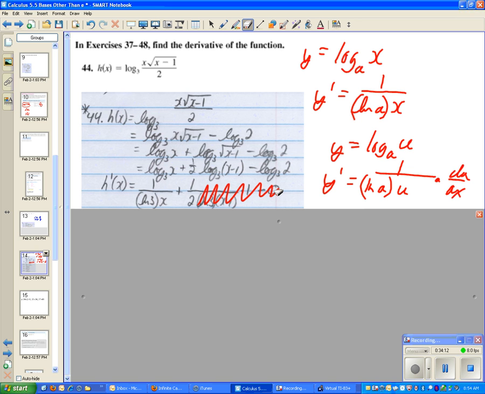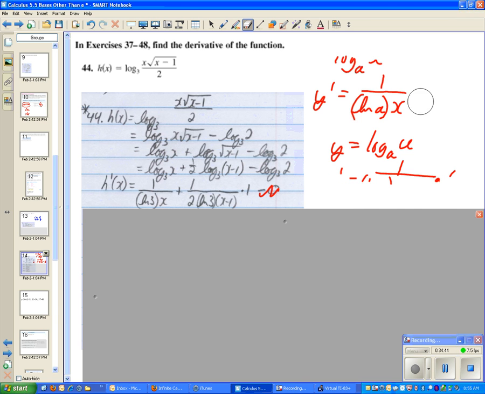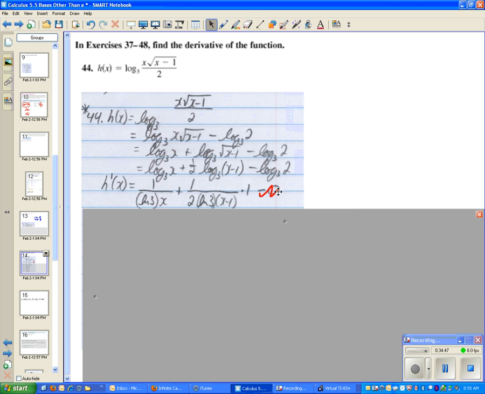So we've got the 1/2 from the constant multiple rule. Then we've got 1 over, well, I'm using that 1 as the 1 over the natural log of a, so the natural log of 3, times u, so times x minus 1, times the derivative of u. The derivative of x minus 1 is 1. And then last, minus, well, I don't know what number the logarithm of 2 to the base of 3 is, but I know it's a number.